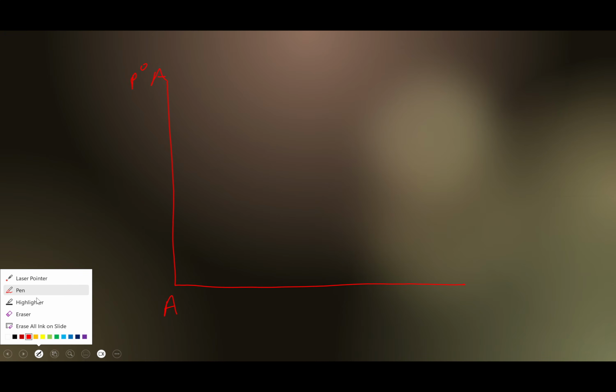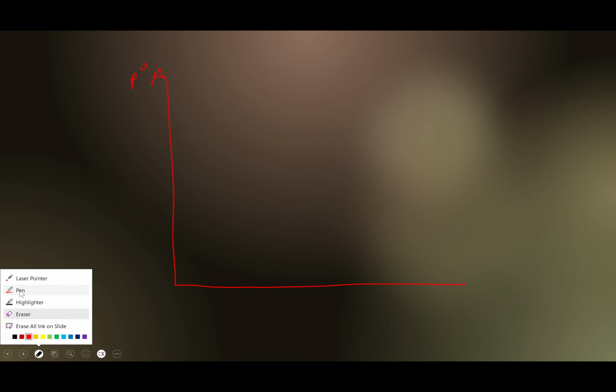Everything should be fine there. Let's have this as A and B, otherwise it would be more confusing. Let's have 0 here and 1 here. Let's put this as A, and this as B. Trying to remember how we draw these graphs.